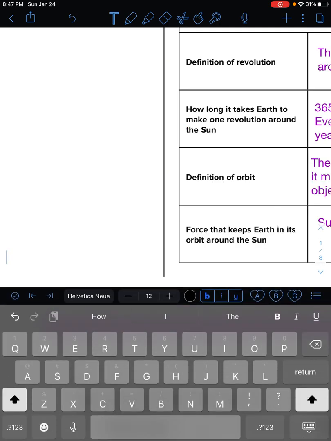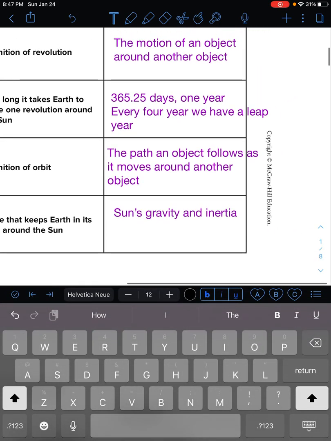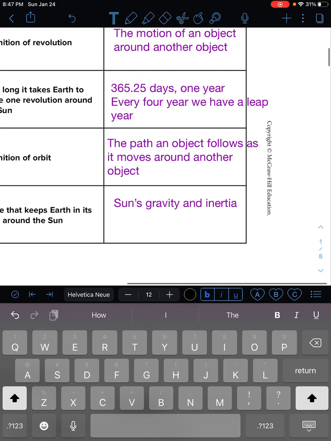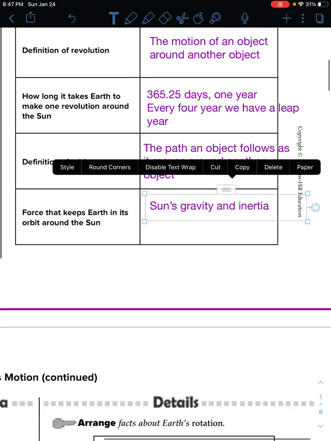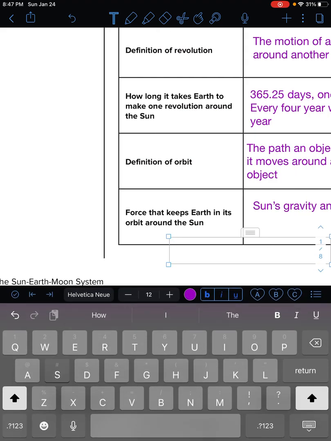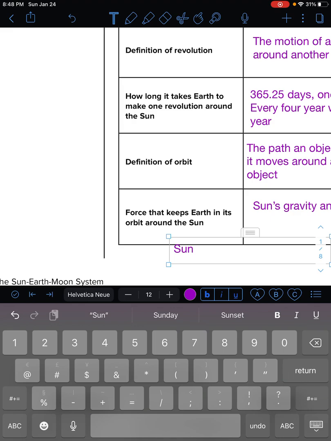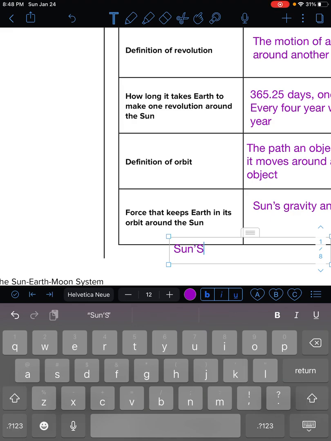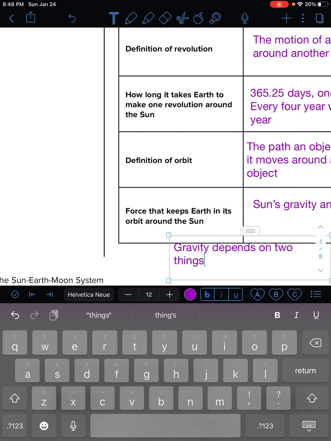Okay, so with gravity, the sun's gravity, gravity depends on two things.